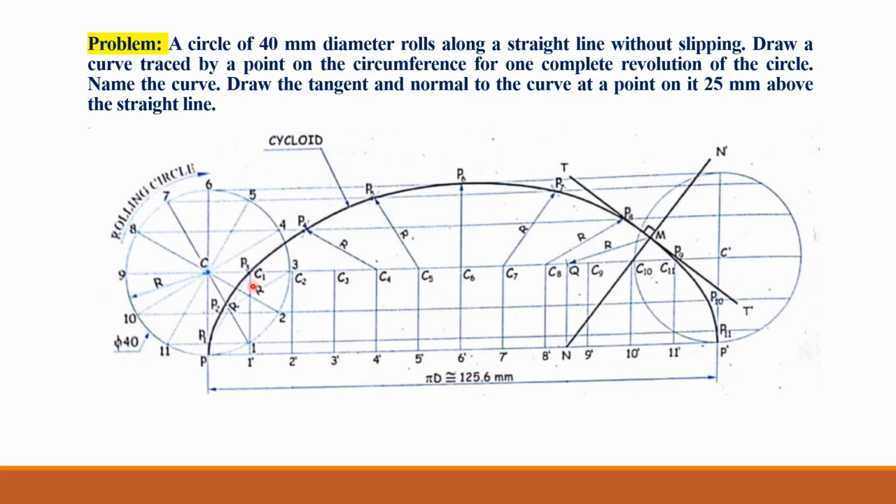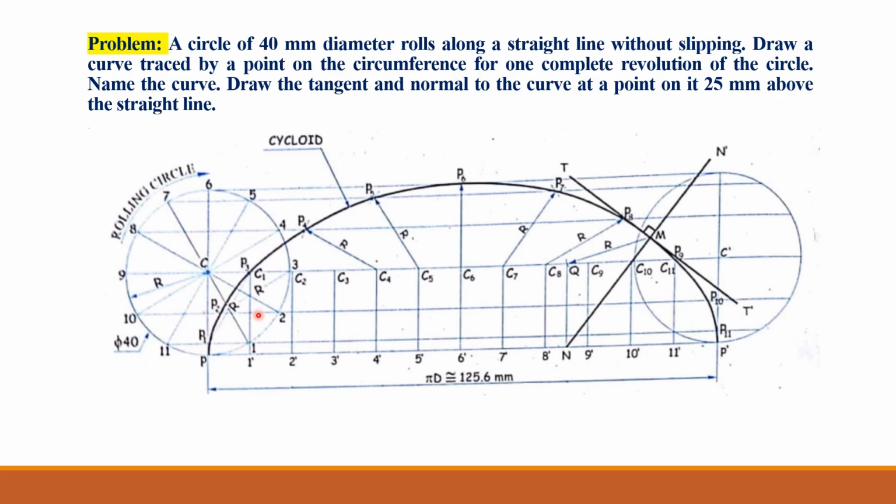Put the sharp point of the compass here and then cut the horizontal line passing through the point 1. So here you see the point which is cut by the curve on the horizontal line 1 is represented by P1.